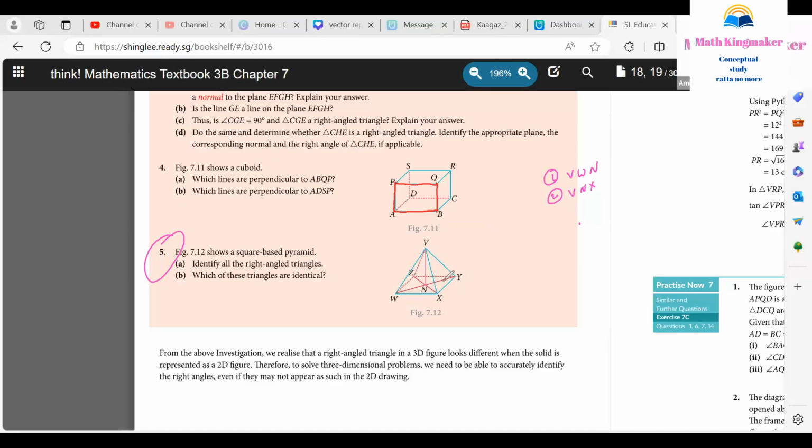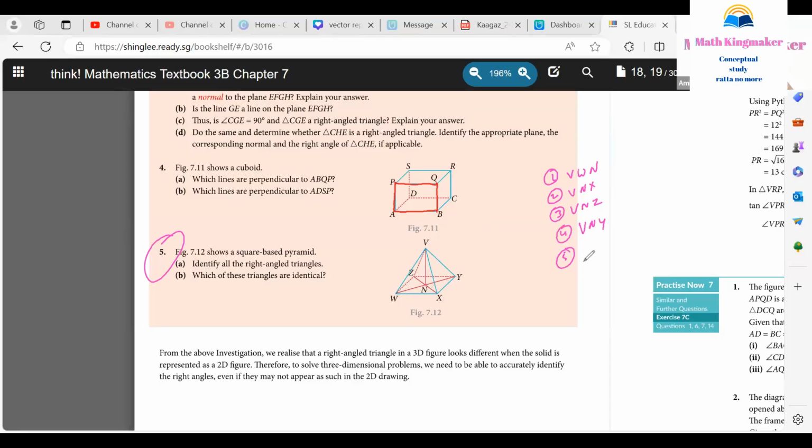So any triangle which has VN and the other two sides on this plane will be a right angle triangle. So then VNZ and VNY. Any other? I think that's it.